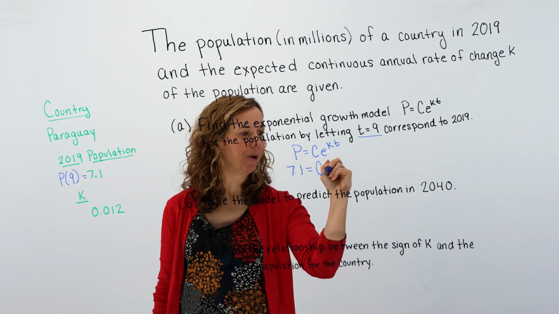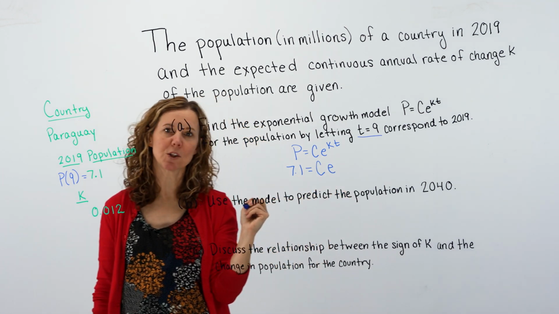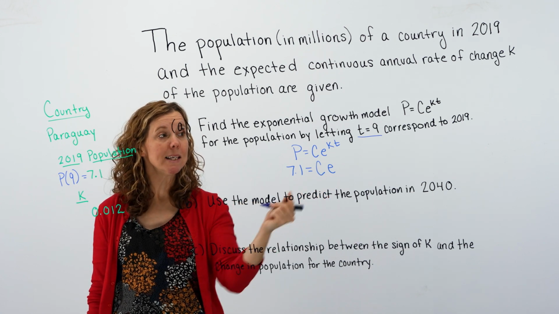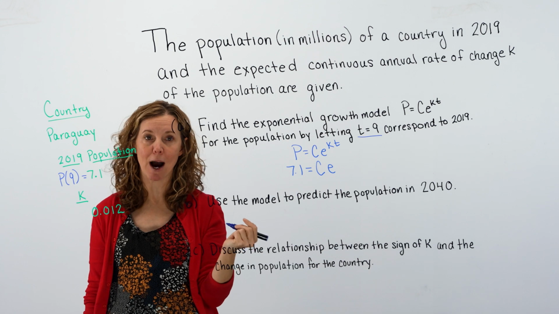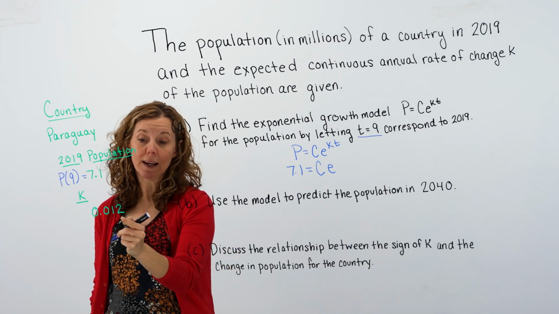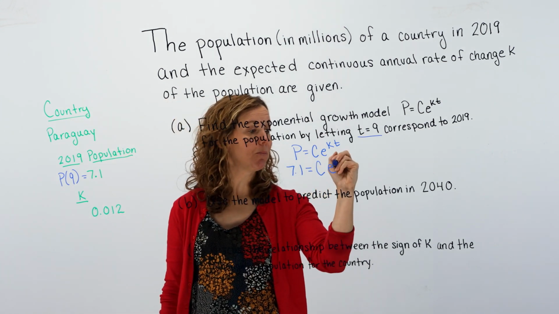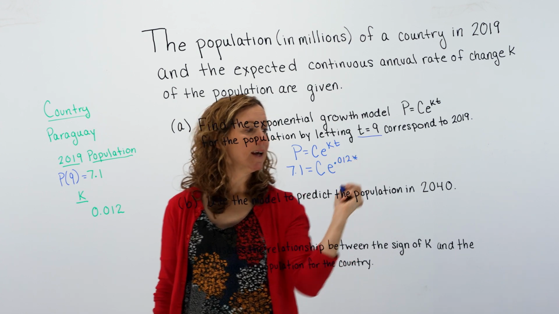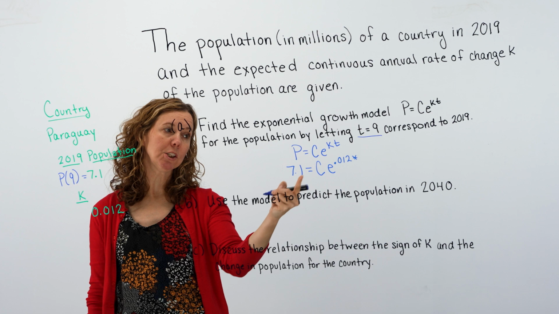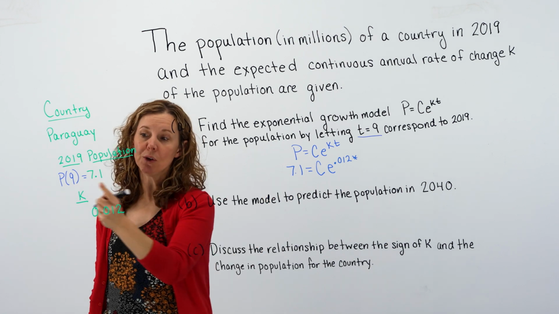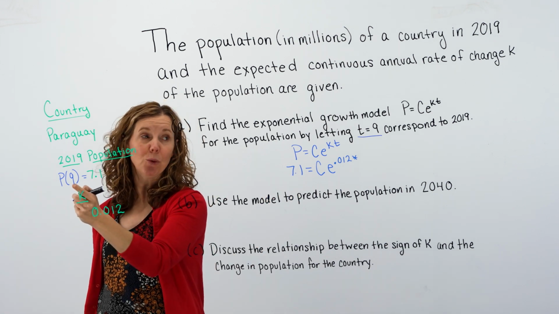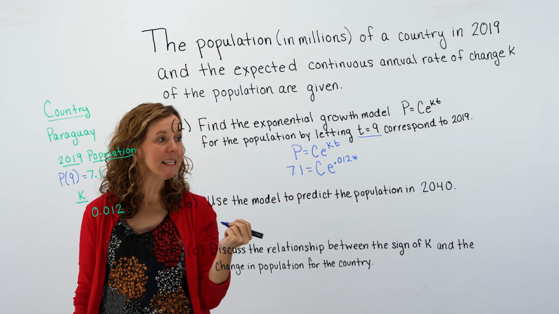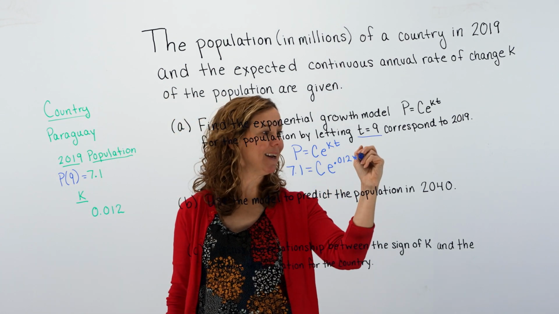But I do know that it's exponential growth, so I'll be multiplying by the natural number e raised to the k times t power. We know k, the growth rate, is 0.012. And remember that this population of 7.1 million referred to a t value of 9, so t will equal 9.